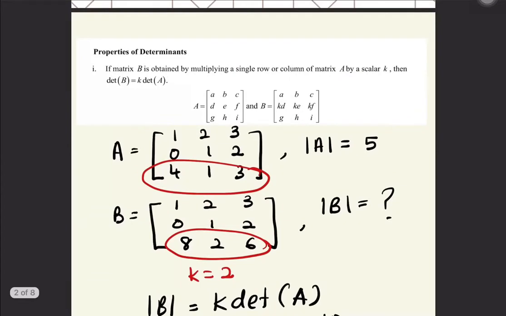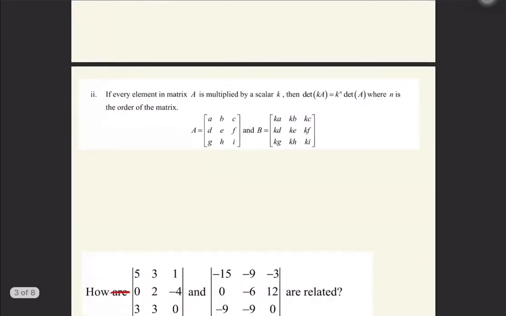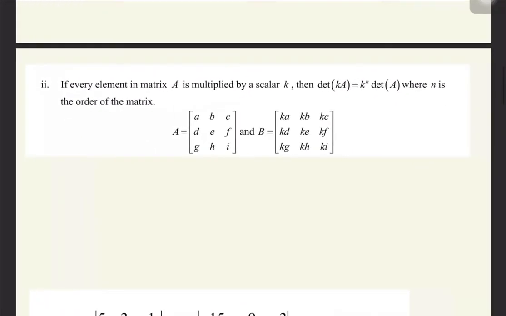In the first property, only a single row or a single column is multiplied by a scalar K. But for the second property, the new matrix is obtained by multiplying each element in matrix A by scalar K.